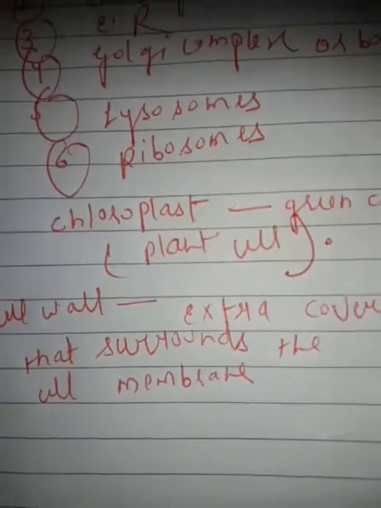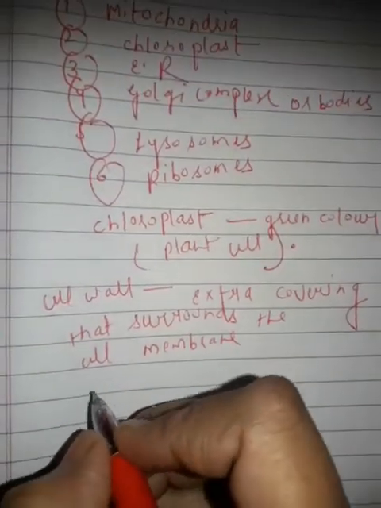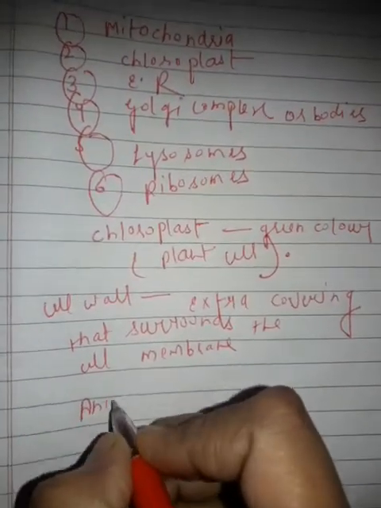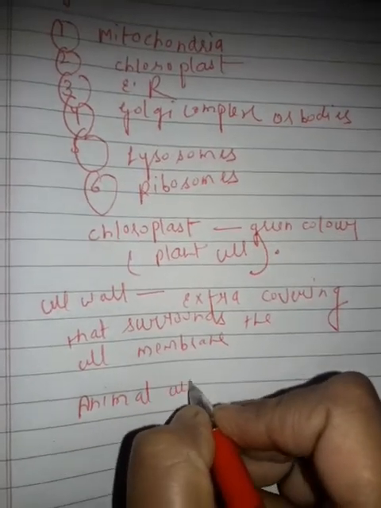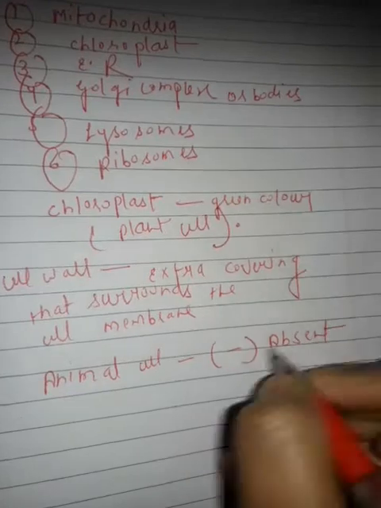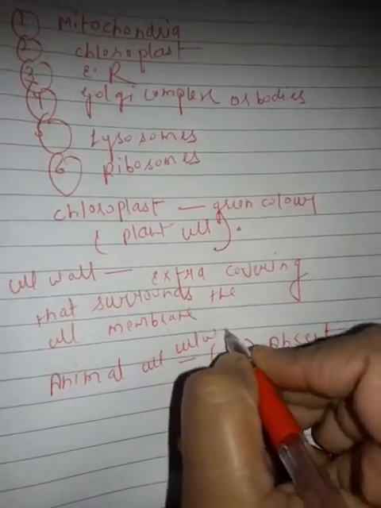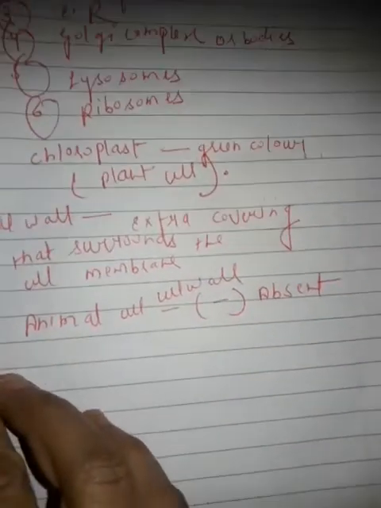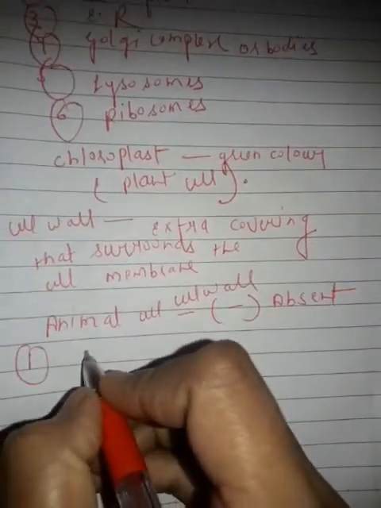Cell wall is lacking in the animal cell. In the animal cell, the cell wall is absent.